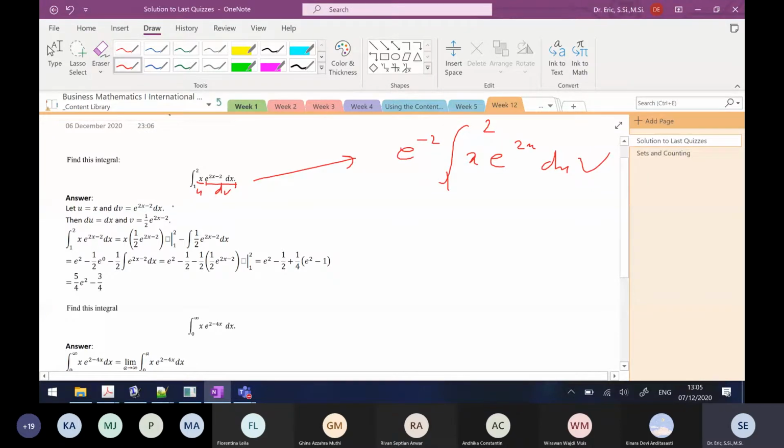Always, once you have set u and dv, you have to write down what is du and what is v. I have corrected lots of students who don't have the u, the dv, or the v, and suddenly end up with this formula.